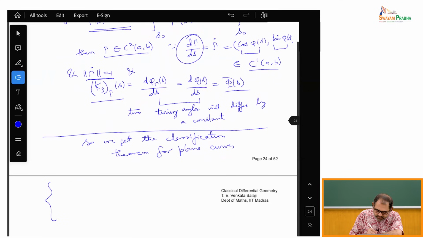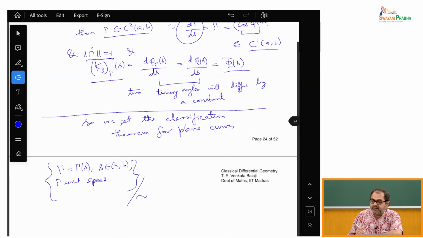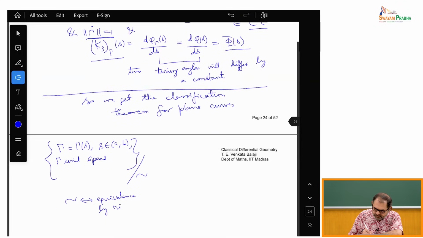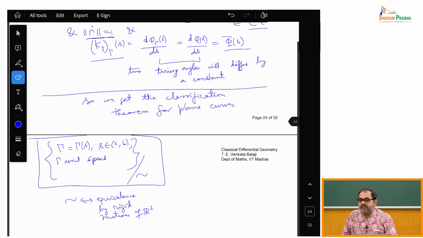Namely, on the left side you take gamma equal to gamma of s, s in [a,b], gamma unit speed, and then you go modulo this equivalence relation, which is the equivalence by rigid motions of R2. So this set on the left side is the set of rigid motion equivalence classes.